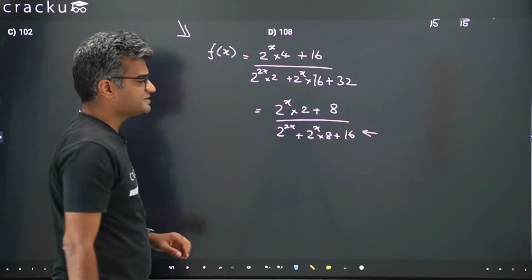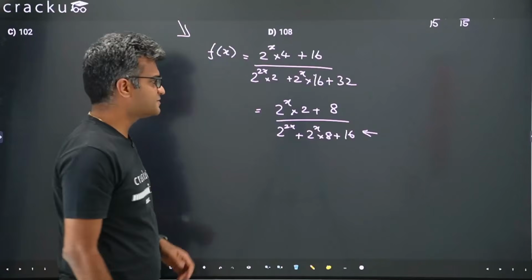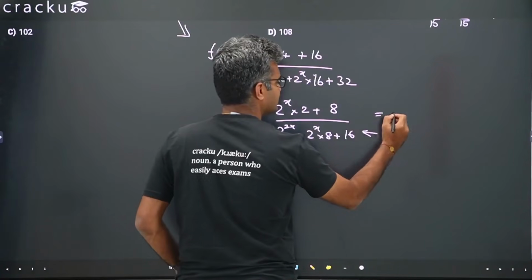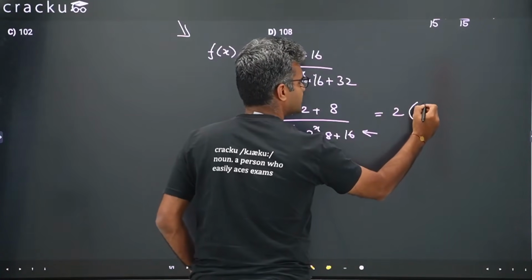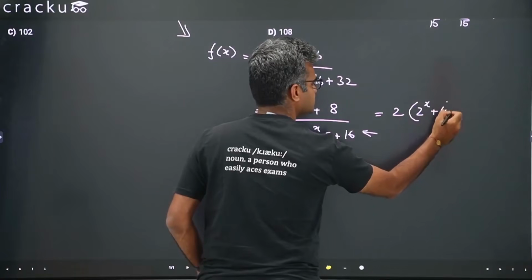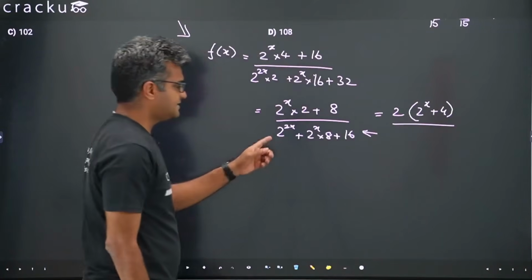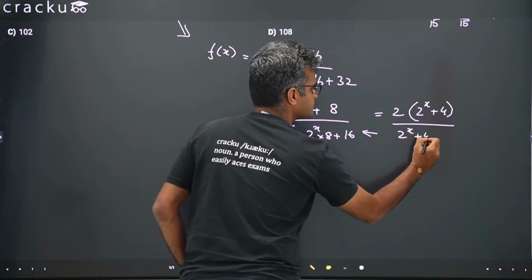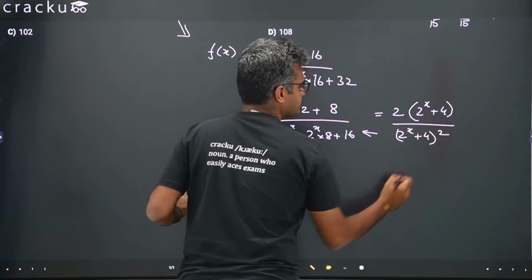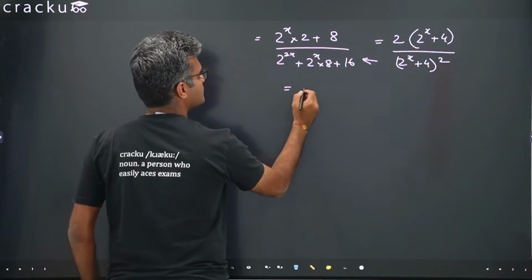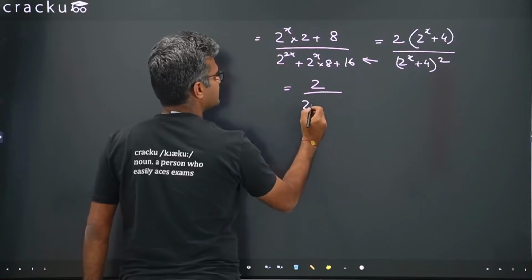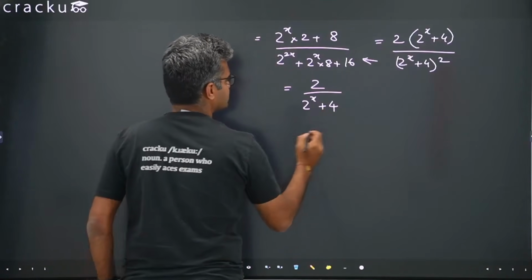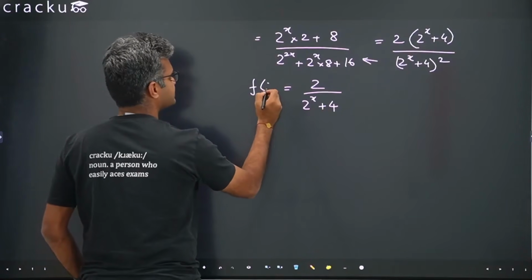Similarly, the numerator is 2 times 2 to the power x plus 4. If you simplify it, this is equal to 2 divided by 2 to the power x plus 4. This is the value of f of x.